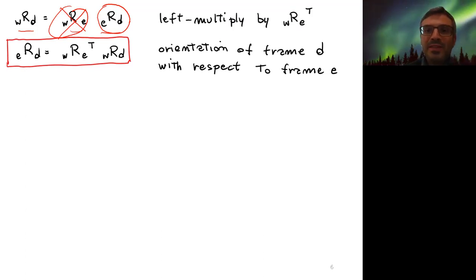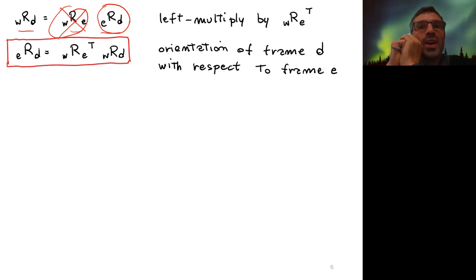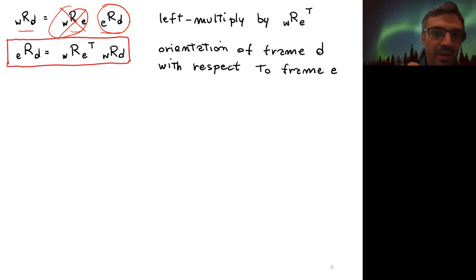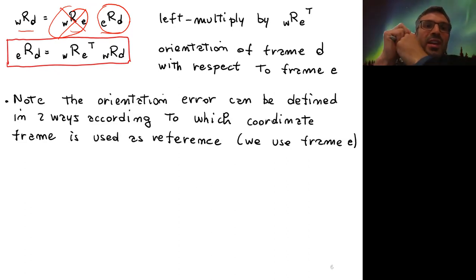Now, note that I had a hard time putting together these slides, because in the literature you can find two different ways of defining the orientation error, depending on whether you consider as a reference the end effector frame or the desired frame.